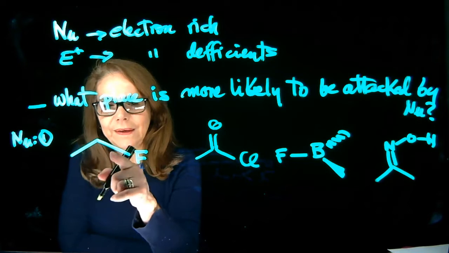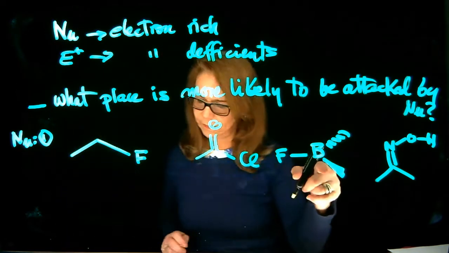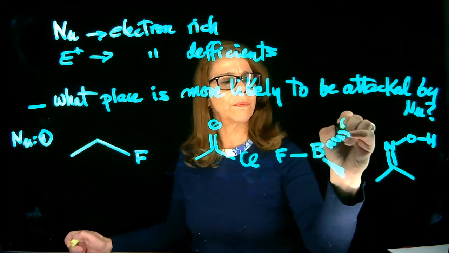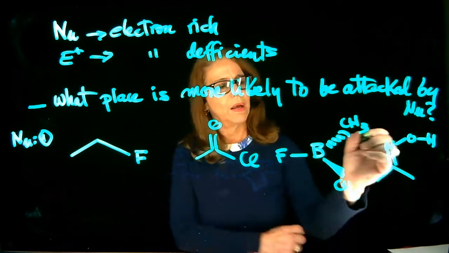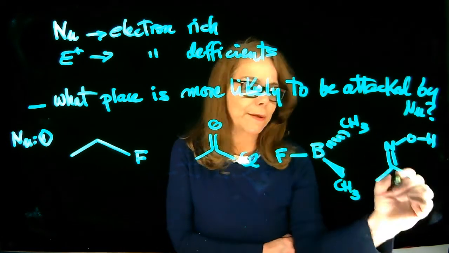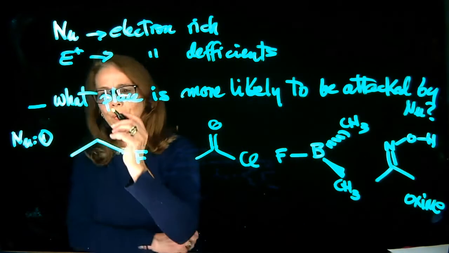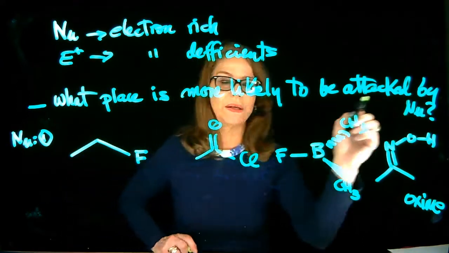That is ethyl fluoride, that's acetyl chloride, that is boron trifluoride, but I'm going to change it and just put metals. And that's an oxime of acetone. The point is, what place or what atom is more likely to be attacked by a nucleophile?